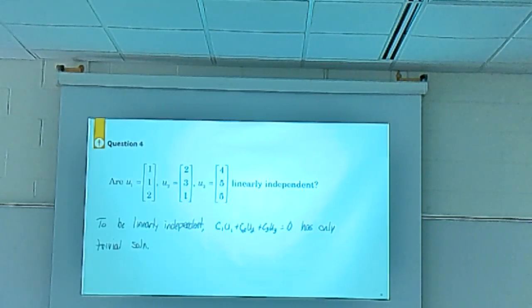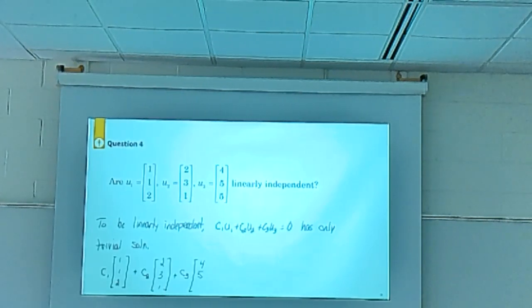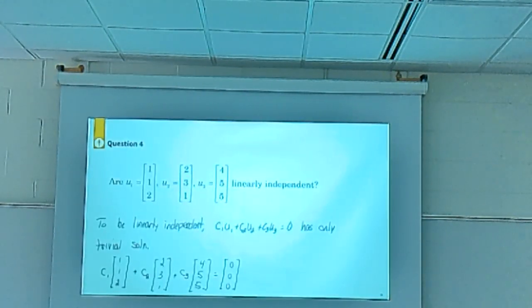So let's set up the system. I'm not going to go through the argument again, but from the same arguments we did for span, we can immediately jump to the augmented matrix, right?